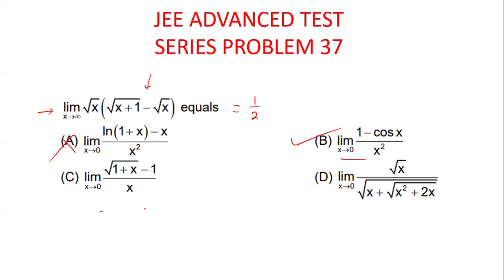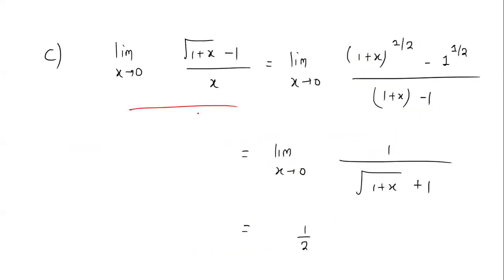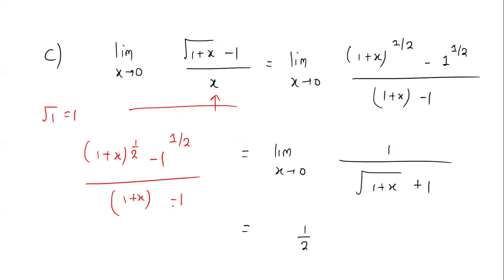So let's see the C option. In the C option we have this limit. In the numerator you have this 1, so you can write this 1 as 1 power half, so root of 1 is also equal to 1, and this x you can write as 1 plus x minus 1.